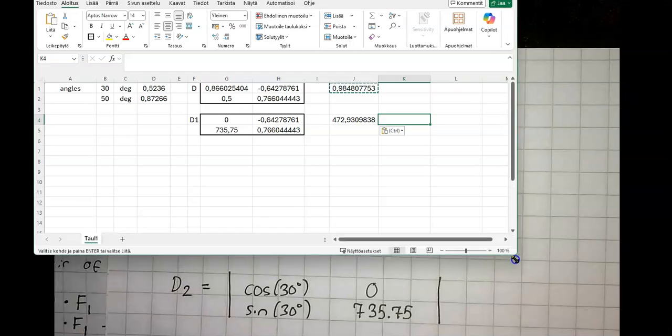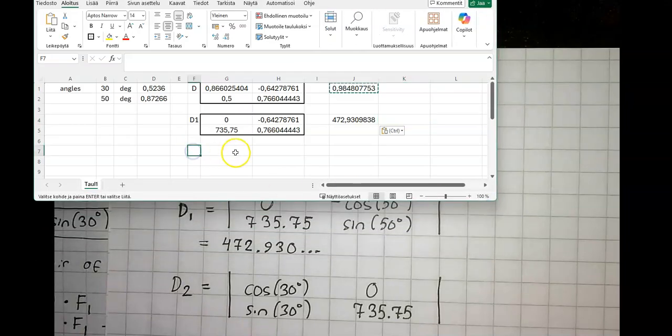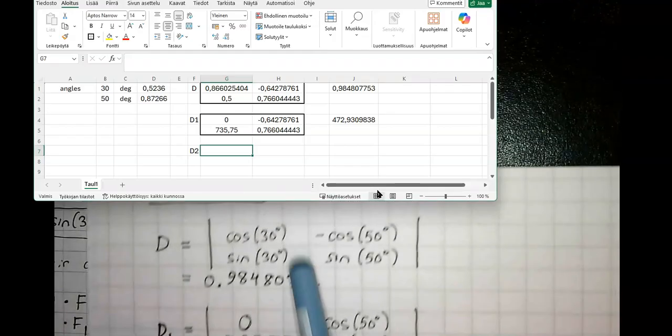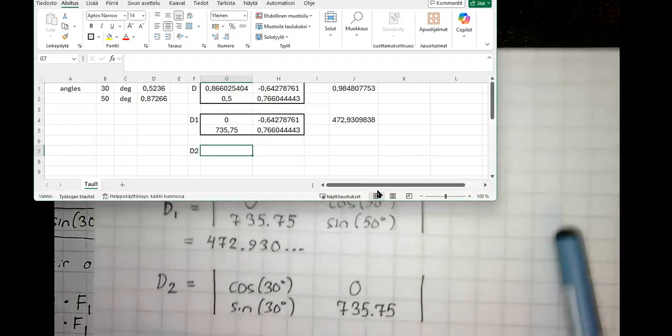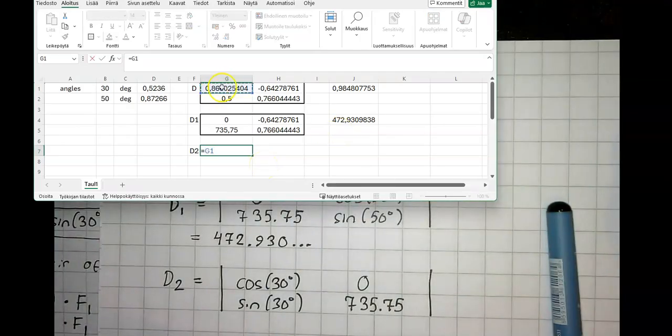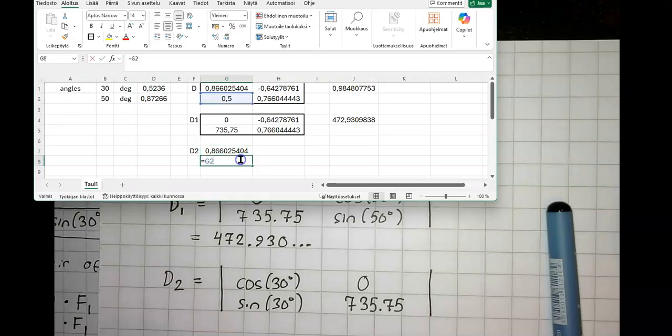And again, I use Excel to solve that determinant. These values here are the same as here, so I just pick them from the first determinant. Equal sign and click G1. I will copy the value of G1 there, and then I copy this formula, and it will copy the value from G2 there. And the second column will be those.